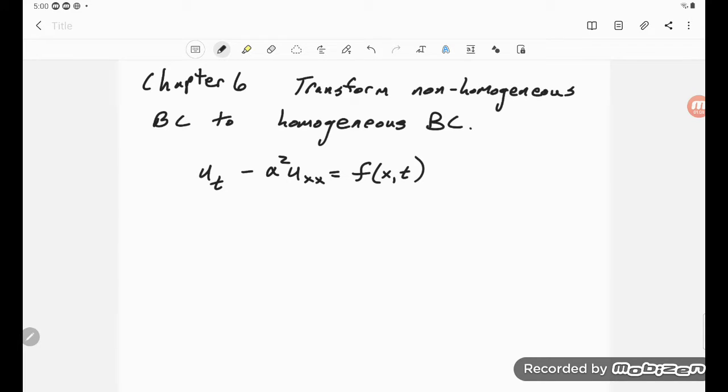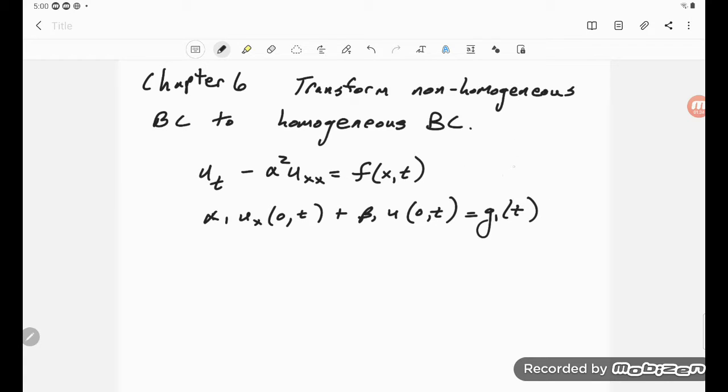But we would like to be able to solve this, where in the most general sense, we have some alpha 1 u sub x at 0 and t plus beta 1 u of 0 and t is equal to some g1 of t.